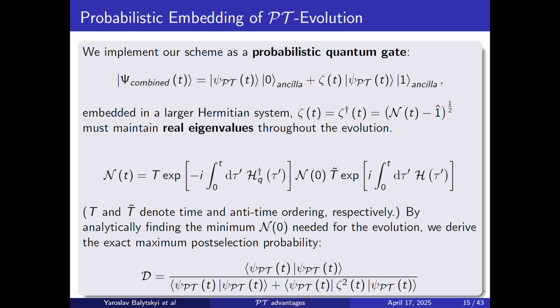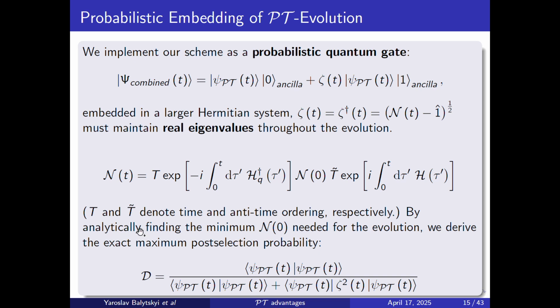Okay, so after that, the question is, since such a transformation is not unitary, it must be implemented as a probabilistic quantum gate, which is embedded into a larger Hermitian system. So to make sure that such a transformation is possible, you need to maintain all eigenvalues of this zeta operator real. And to do that, you need to choose this n naught value accordingly, so that it's large enough to maintain all its eigenvalues real.